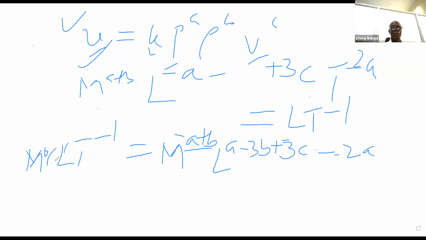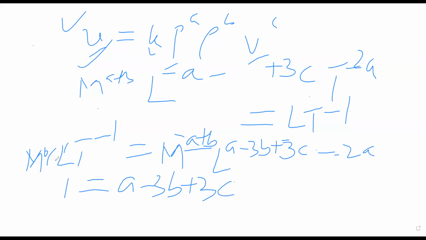So that means we are going to have on the left-hand side 1 is equal to a minus 3b plus 3c. Are you there? Yes, sir. From this, we already know that a is equal to b. But then let us use our t.